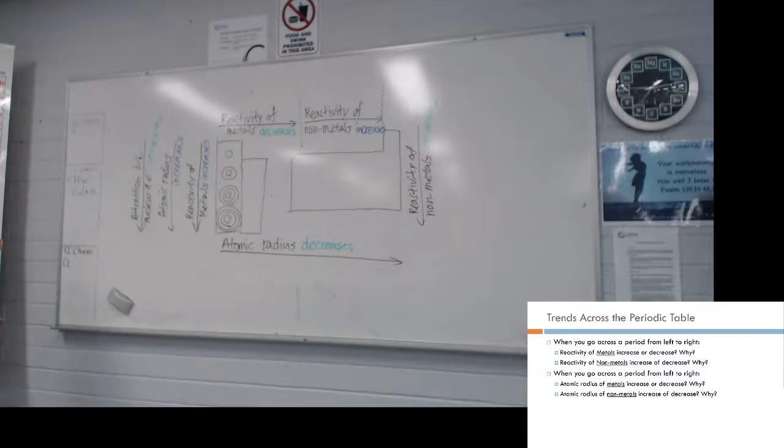Non-metals, like Kate acting as chlorine the other day, want to accept electrons instead.